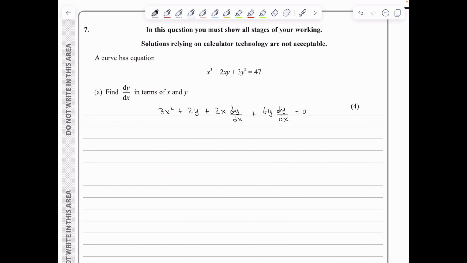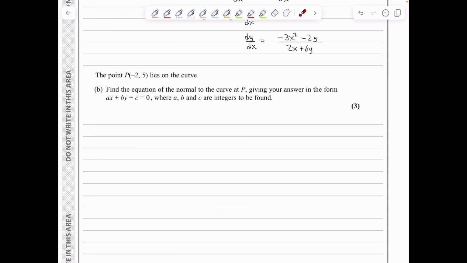So this means we've got 2x plus 6y in brackets, dy/dx, so I have factored out the dy/dx on the left hand side, is equal to minus 3x squared minus 2y, which means that dy/dx is equal to minus 3x squared minus 2y, all over 2x plus 6y.